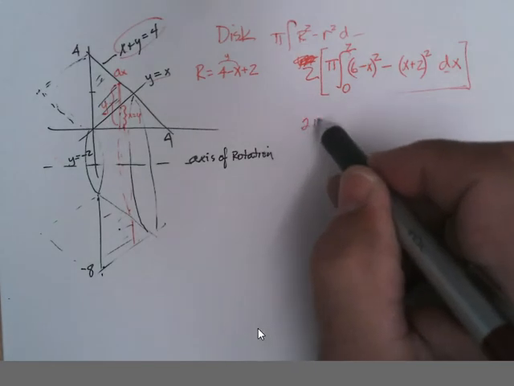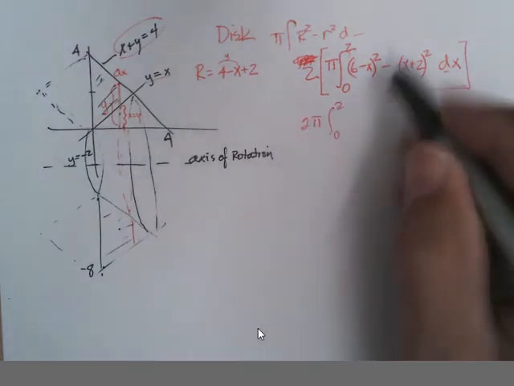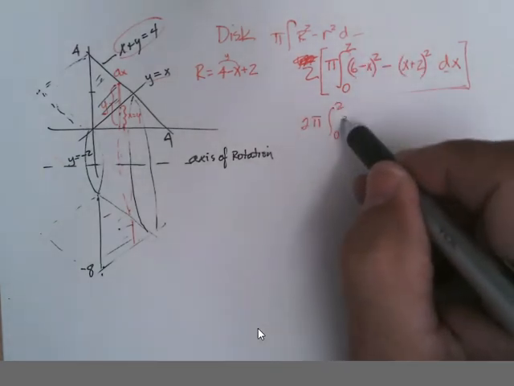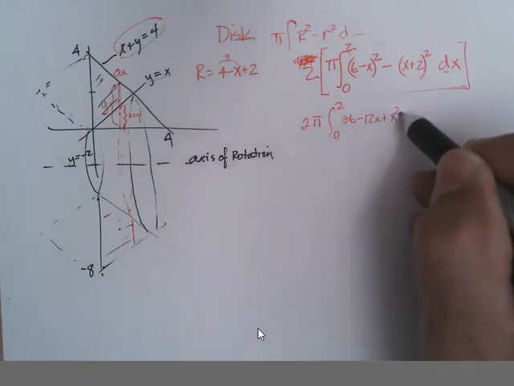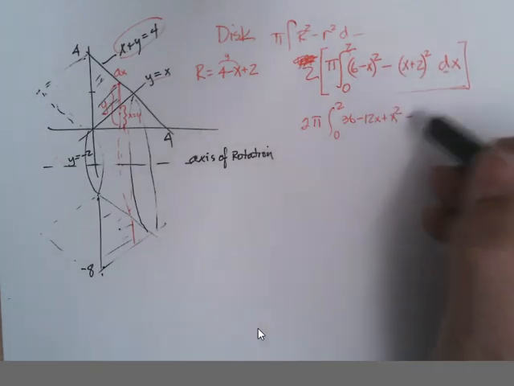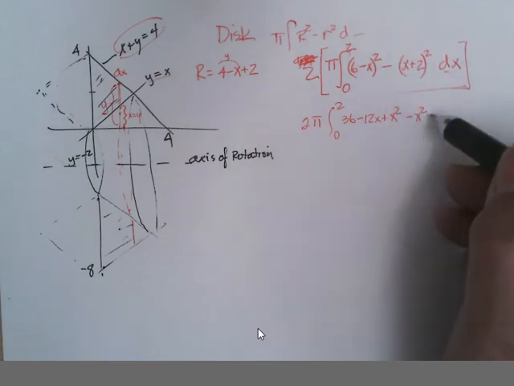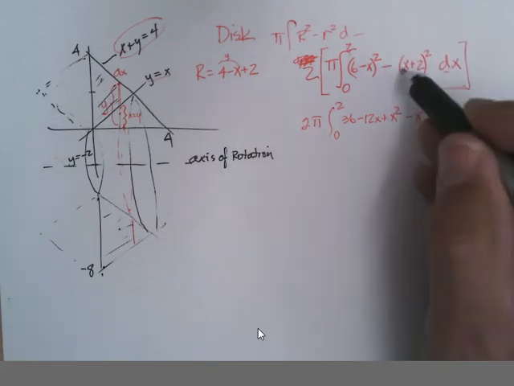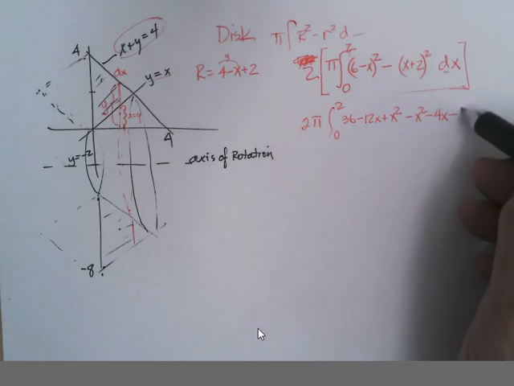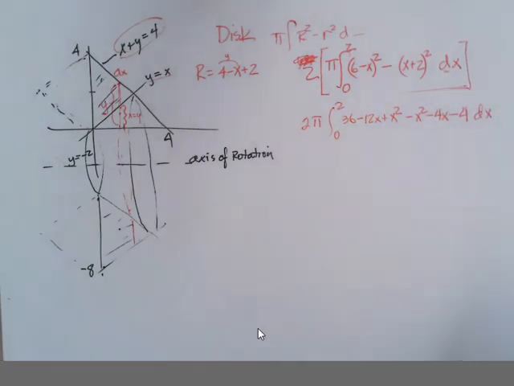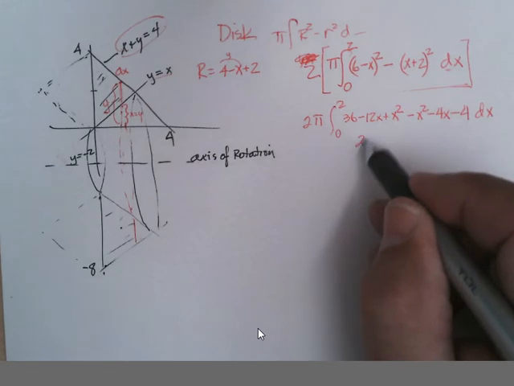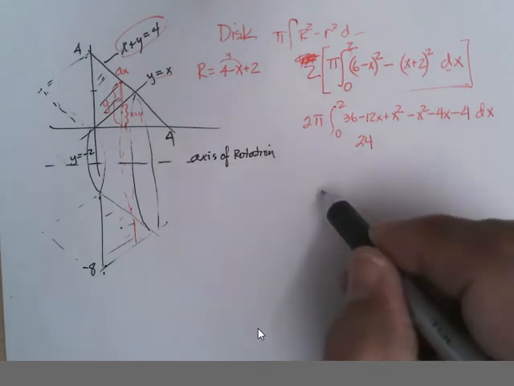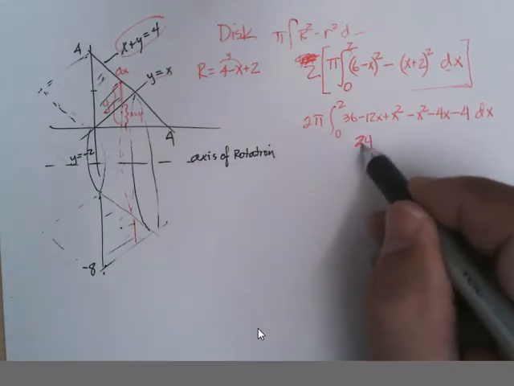So we got 2 pi integral from 0 to 2 of 36 minus 12x plus x squared minus x squared. This would be plus 4x with a minus there, so minus 4x. And this would be plus 4 with a minus, so it's minus 4 dx. So we get 36 minus 4 is... no, 32.